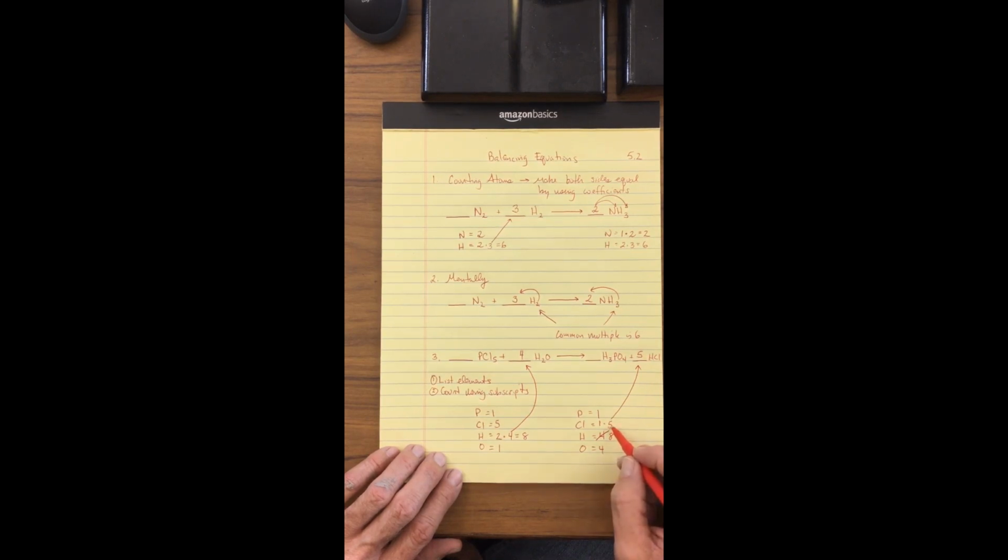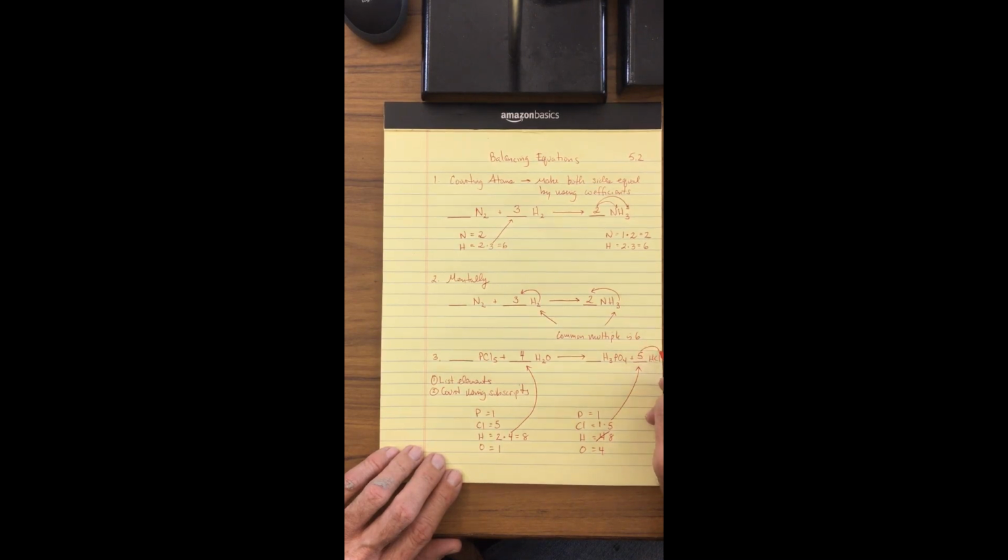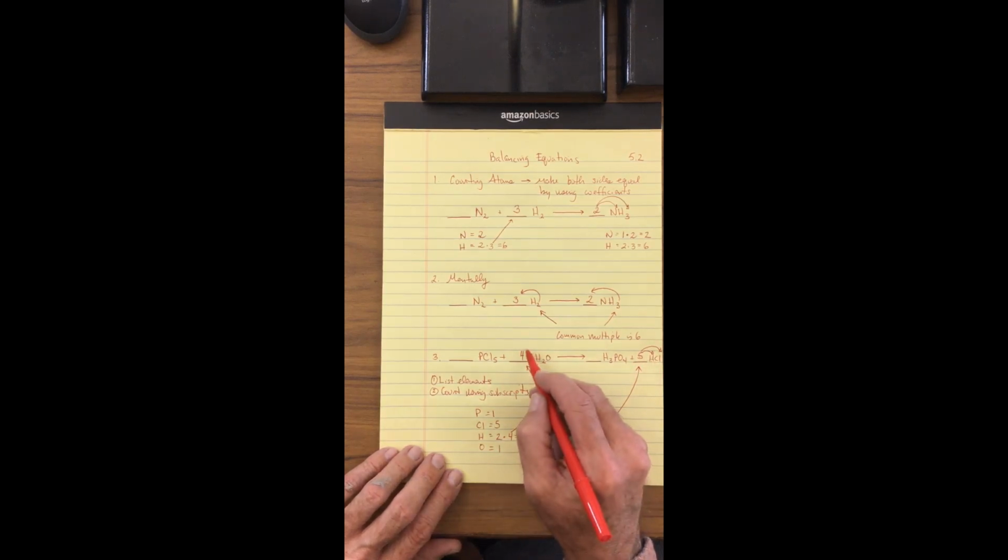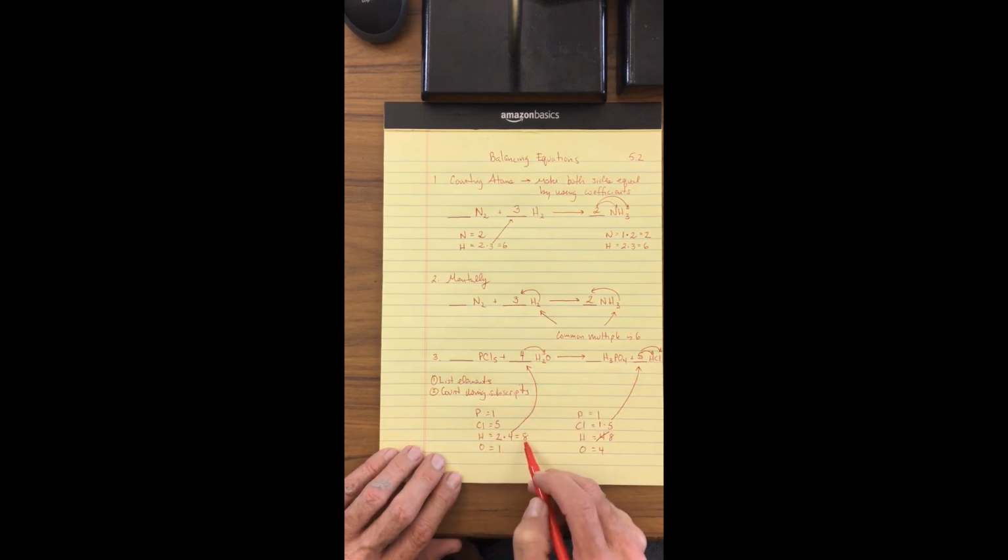So remember we multiplied the other side by 5, okay? That gave us 5 Cl's, but it also gave us 5 H's. 5 times 1, 5 times 1. When we are taking the coefficient of the 4 here, this is going to give us 4 times 2 for that, but it's also going to do this.